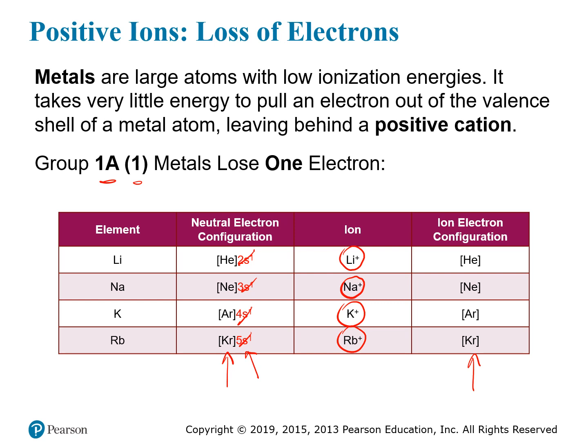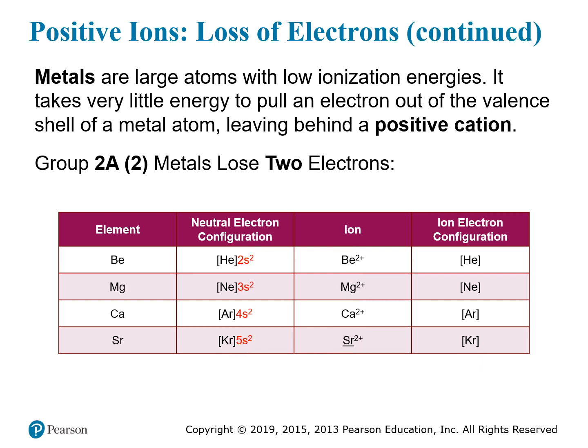So we can see that the charge on the ion comes directly from knowing how many valence electrons the atom has. And the number of valence electrons that the atom has can be seen by looking at its position on the periodic table. So this is going to be a common theme. We'll see it as we go through the next few groups of the periodic table as well, that we can tell what kind of ion an element will form based on its position in the periodic table.